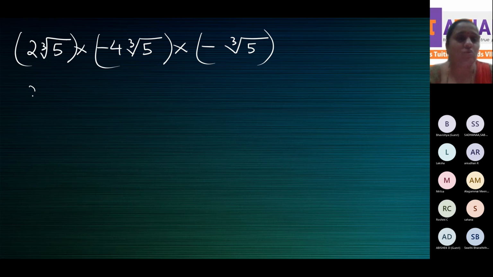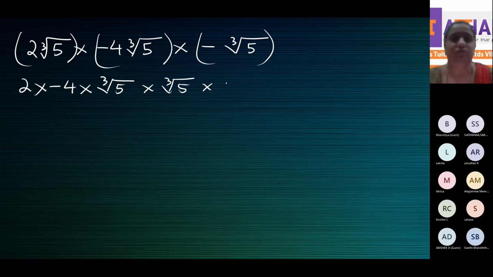Now multiply 2 into 4. Or if you want, you can write 2 into minus 4 into cube root of 5 into cube root of 5 into, oh, there's a minus here also, minus cube root of 5.